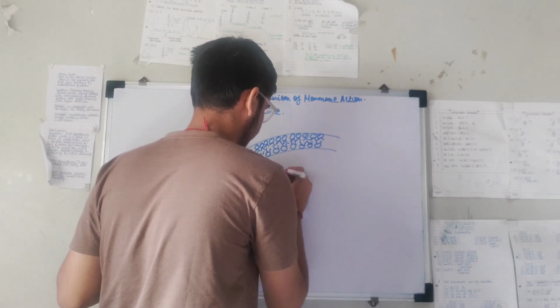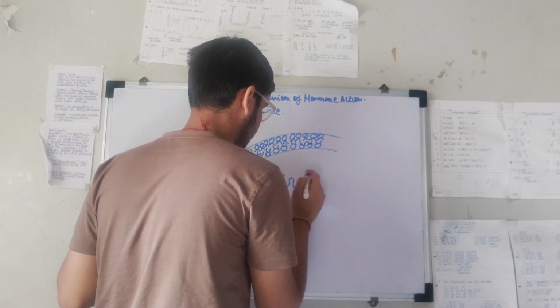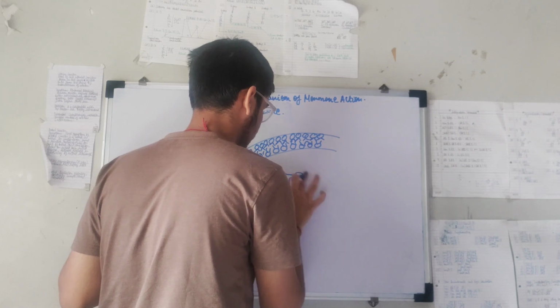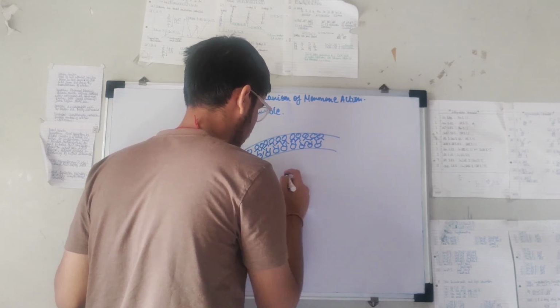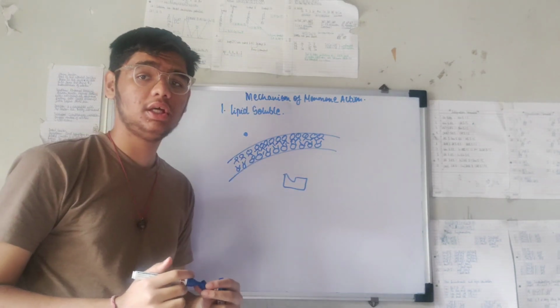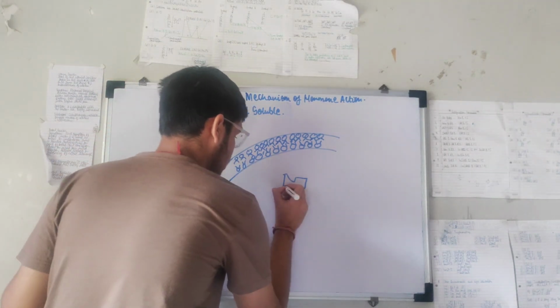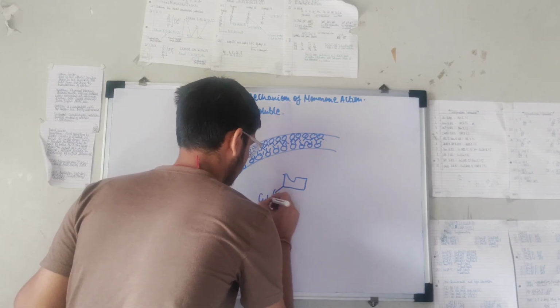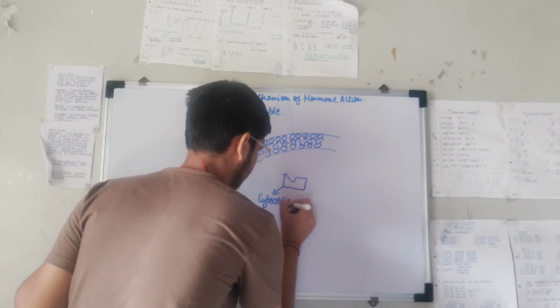Here there is a receptor. Wait, let me draw it neatly. The receptor is present in the cytoplasm, so it is called the cytosolic receptor.